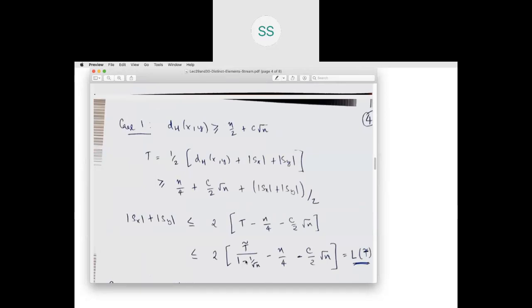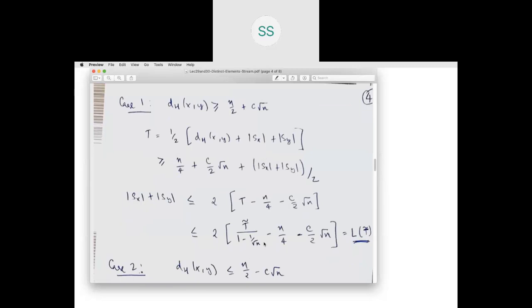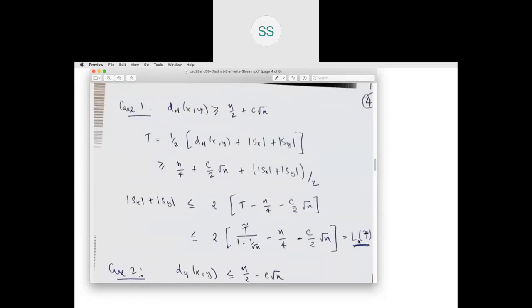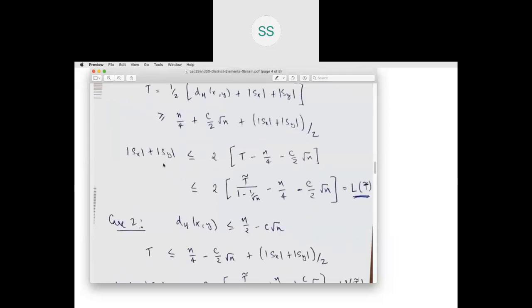So t is at most this, and the rest of the things are the same, and we call this quantity L of t tilde. It's a function of t tilde. So in the case when the Hamming distance is at least n by 2 plus c square root n, the size of sx plus sy is at most L of t tilde.